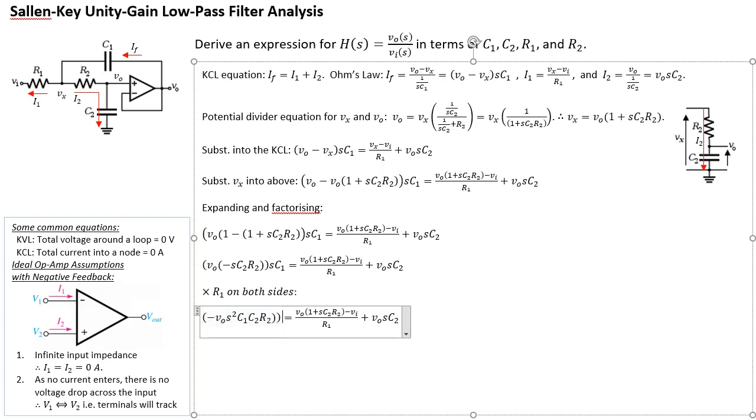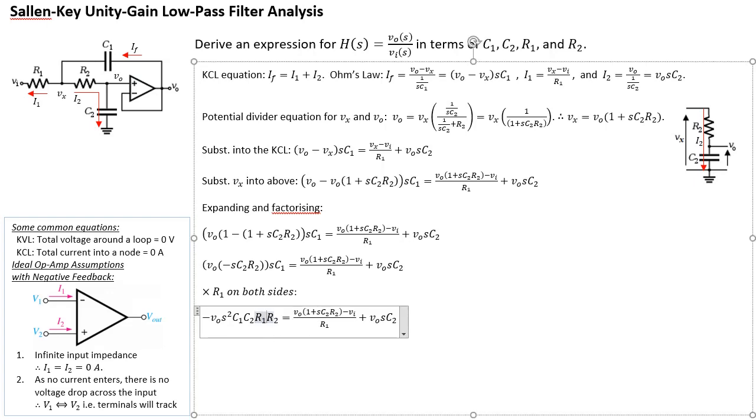They're just inside the bracket. Oops, it's going to be a problem. Hang on a sec. Let me just cut this out and get rid of this weird imbalanced bracket. So there. That's negative VO S squared C1 C2 R2. And then, of course, R1, because remember, I'm multiplying by R1 as well, so there's going to be an R1 here.